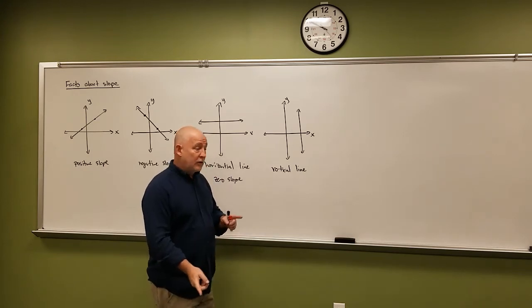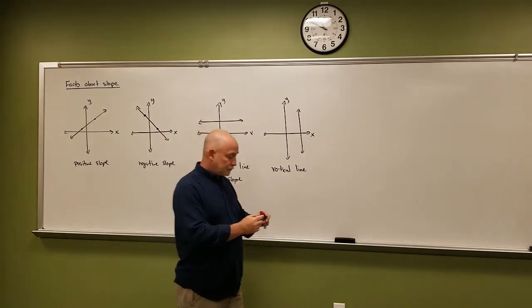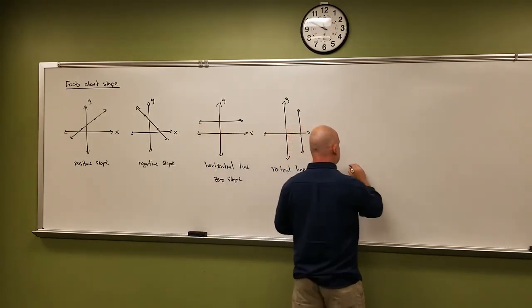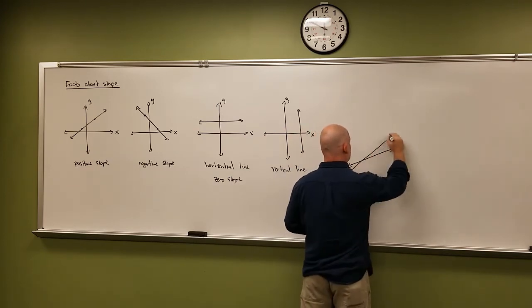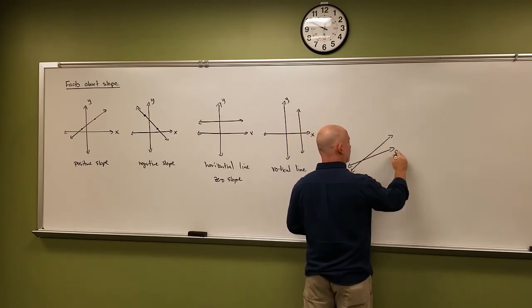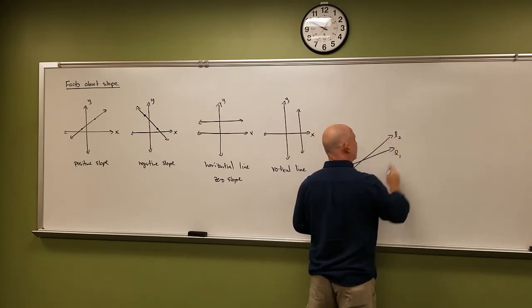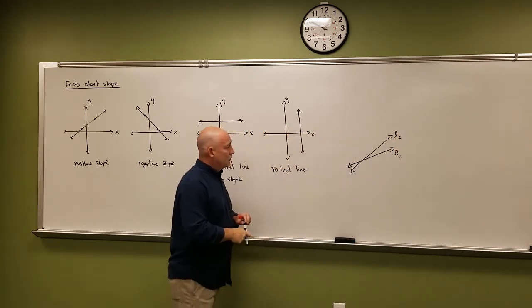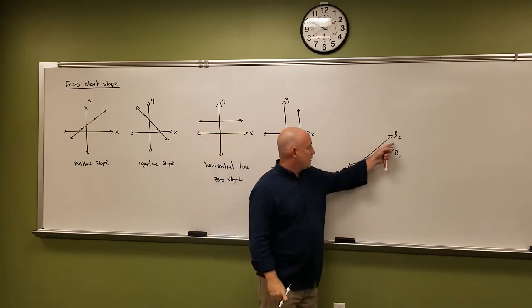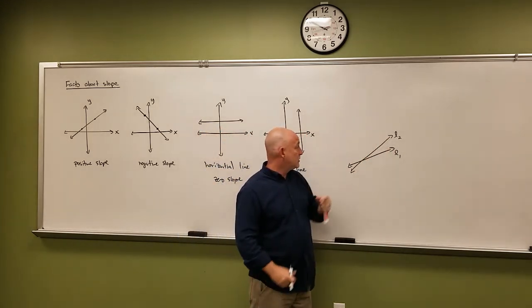So how does that work into this? Well, let's take a look at a couple of lines. Now, back from your old geometry days, you may have seen this. These are just kind of lowercase cursive L's. We generally use this in geometry to show lines. So this is line 1 and line 2.